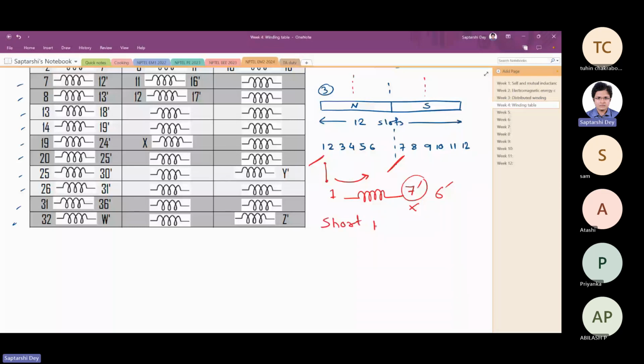Now, how much is the short chording? Short chorded by one slot. It was supposed to come back at 7, it comes back at 6. Short chorded by one slot. Clear up to this?